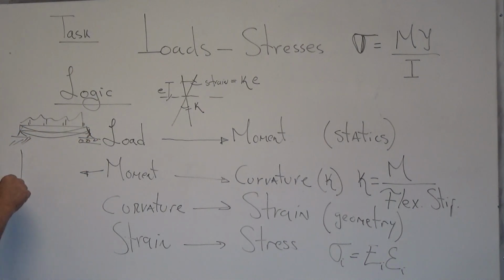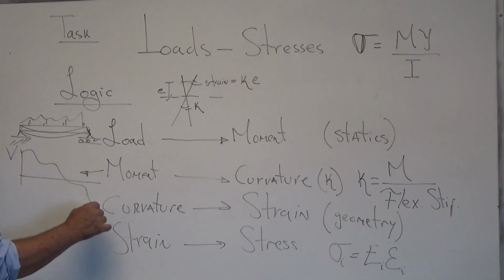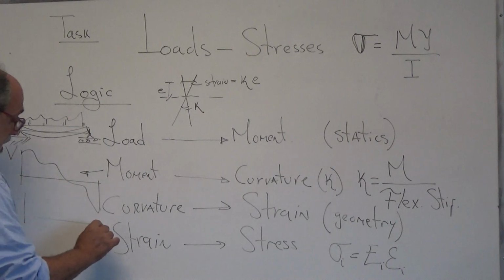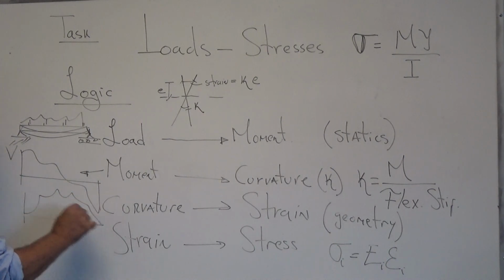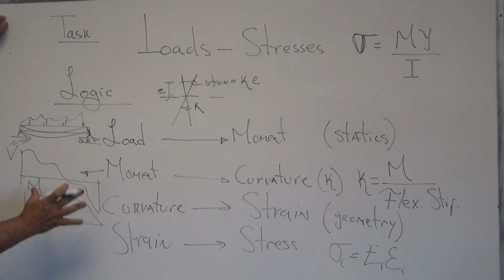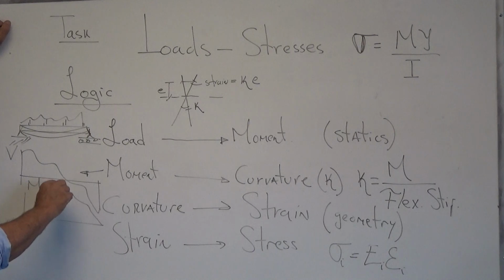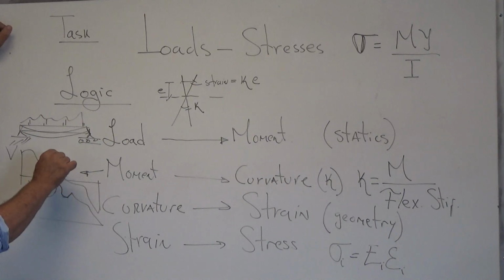But the point is that due to that load, there will be a shear diagram on this beam, and due to that load, there will be a moment diagram on that beam. Okay? And let me exaggerate to make it clear. At some point there is a moment which is maximum, right?